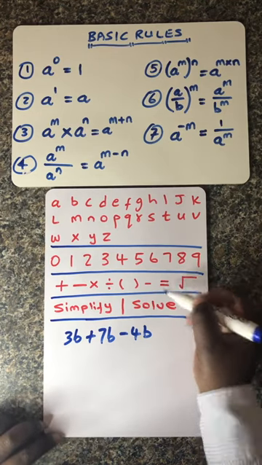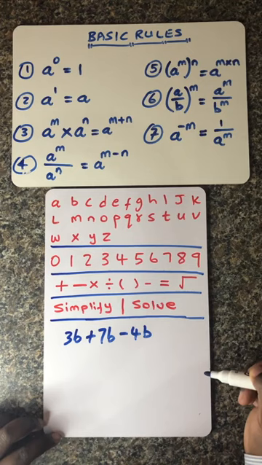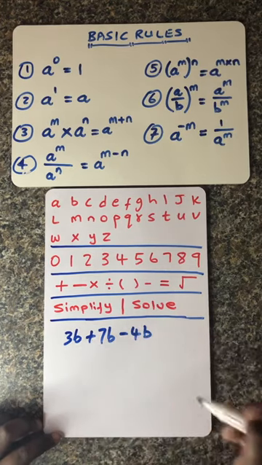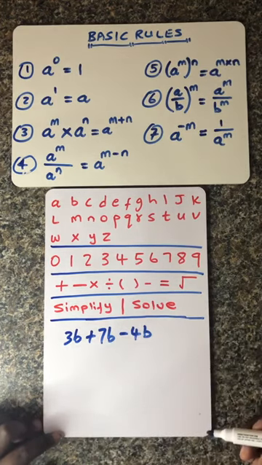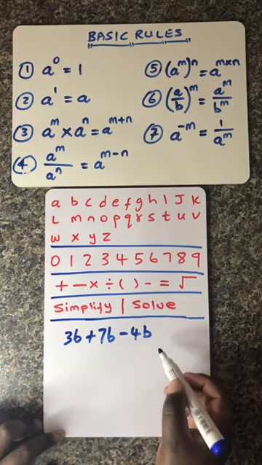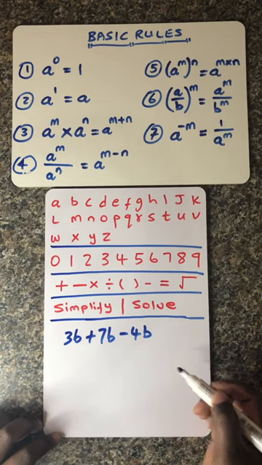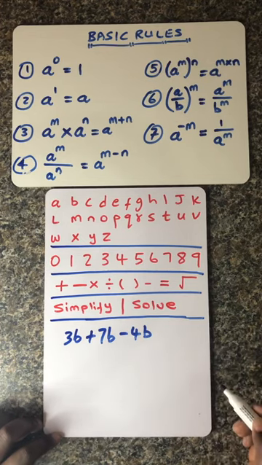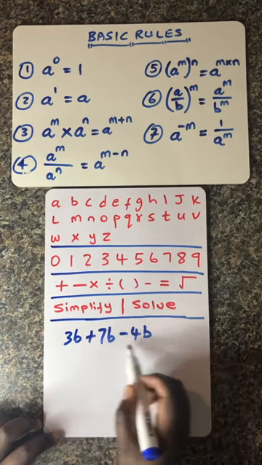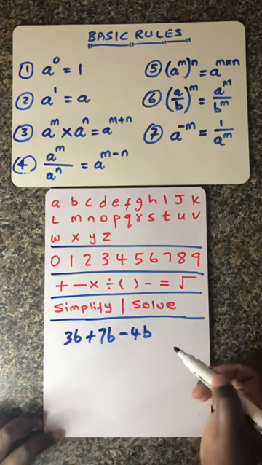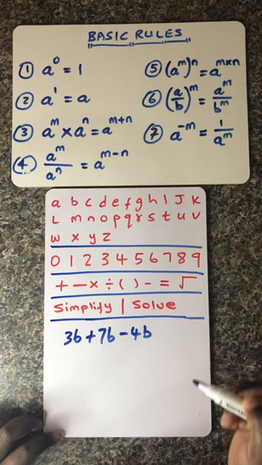Can you see an equal sign? No. Then it means it's an expression. If it's an expression, you simplify, you don't solve. So what does simplification mean? Simplification, guys, means you write this given expression in its simplest form.